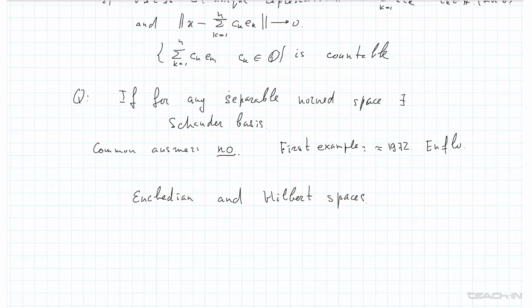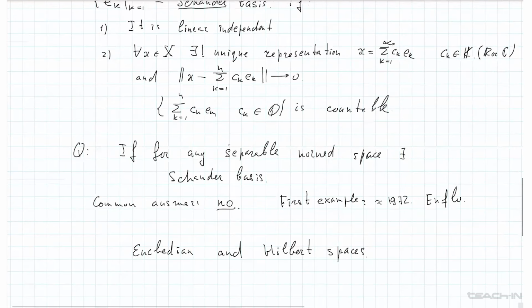Yes, I know that it is countable, but why is it dense? By the definition of a Schauder basis. A Schauder basis means that you can approximate any x with a finite sum, yes? And the norm, as I say, is a continuous function. So you can change these coefficients to rational coefficients, for example in a real space, and it will be close.